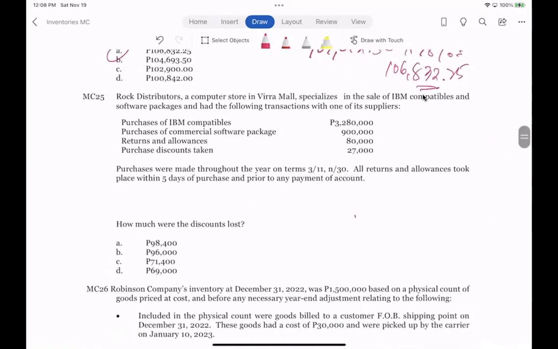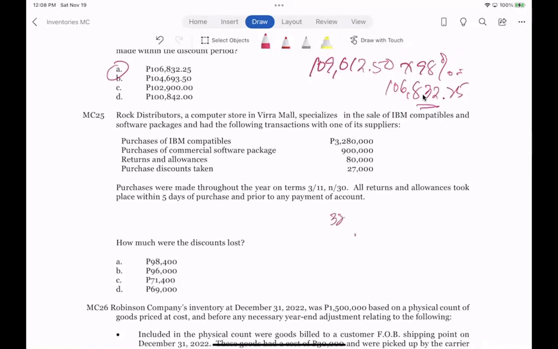So that is 3,280,000 plus 900,000 minus 80,000. So the amount subject to discount is 4,100,000 times 3%.